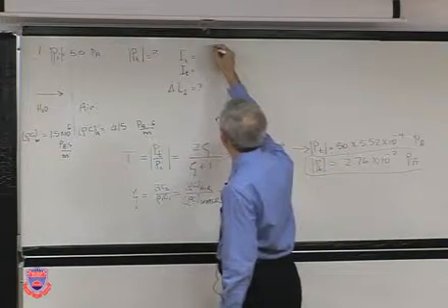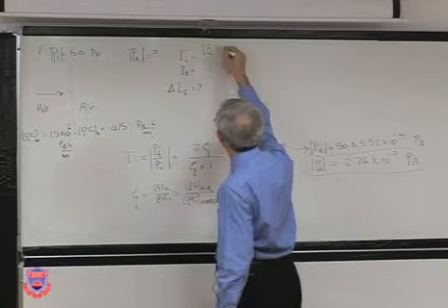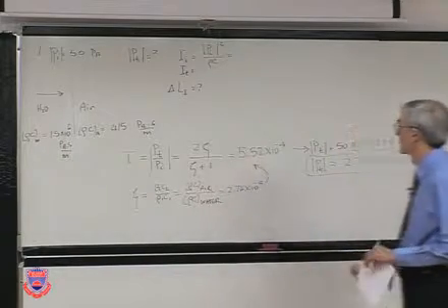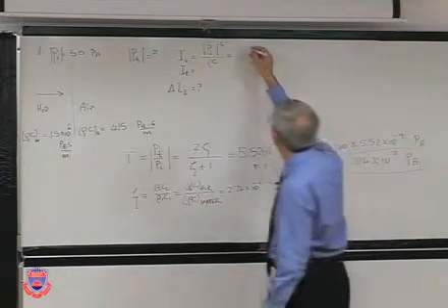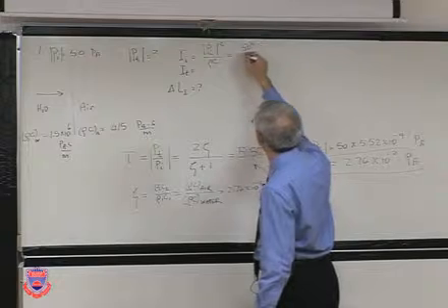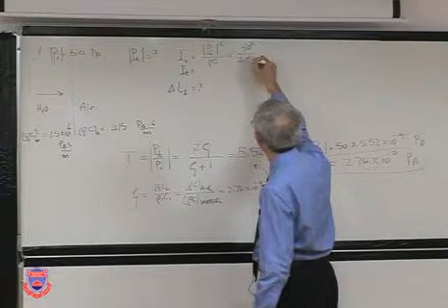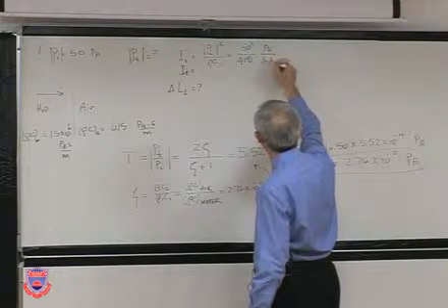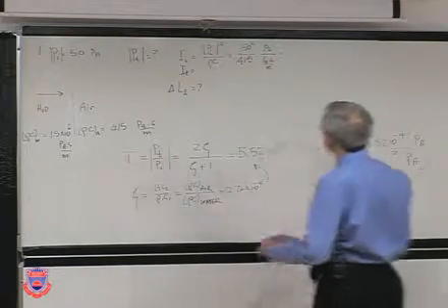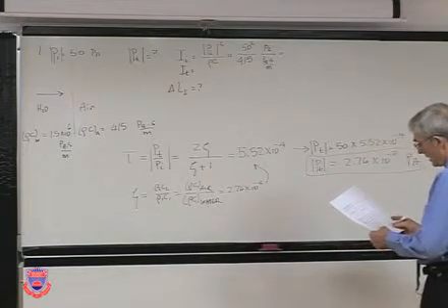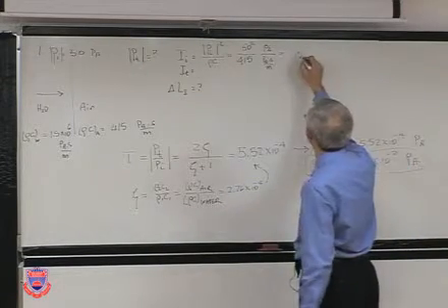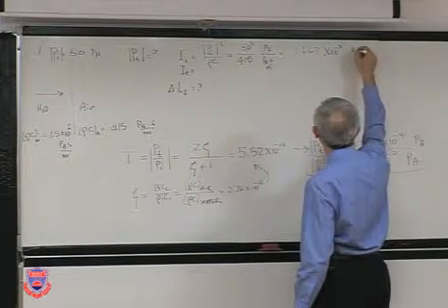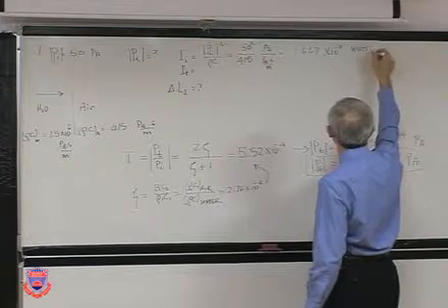Intensity is defined as, so if you substitute, the incident intensity would be watt per meter square.